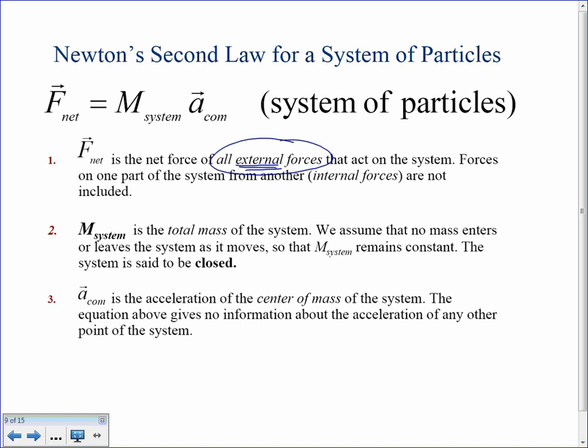So the net external force on the system equals the total mass of the system times the acceleration of the center of mass of the system.